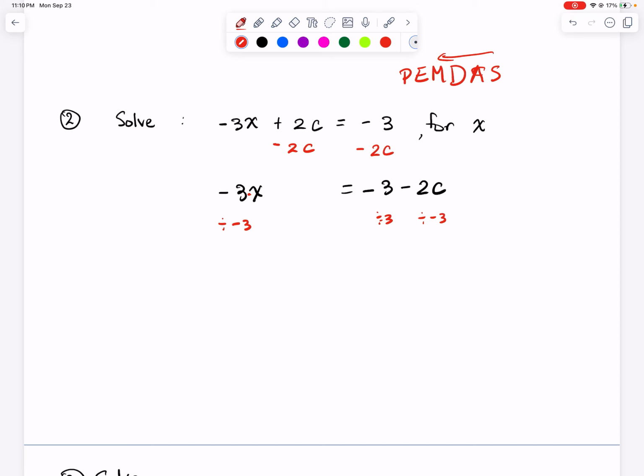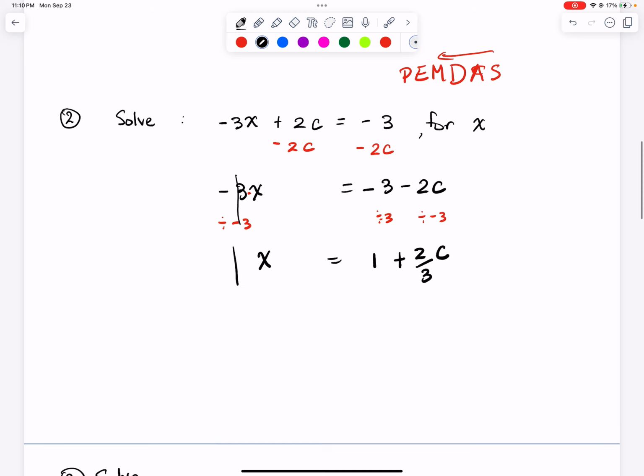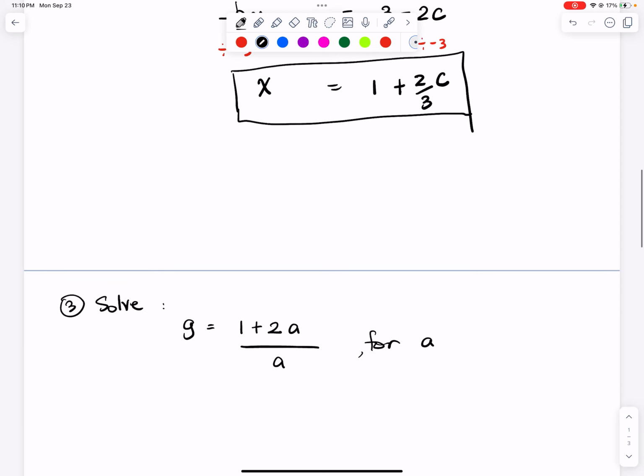And we get on the left side, x by itself, which is what we want, is equal to 1 plus, because we have a negative over a negative, 2 over 3c. And so we've isolated x here. All right, let's keep going. Let's make this a little bit harder.